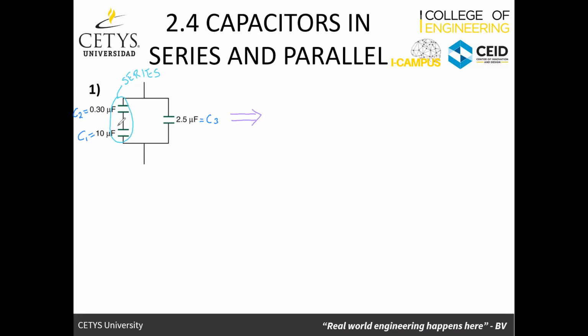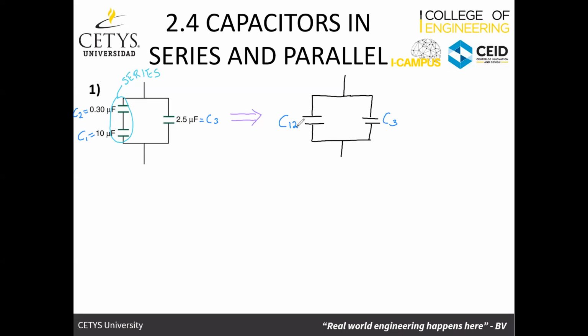If I know that capacitor 1 and 2 are in series, then I can redraw this circuit this way. This is still capacitor 3. And I'm going to call this capacitor 1 and 2.